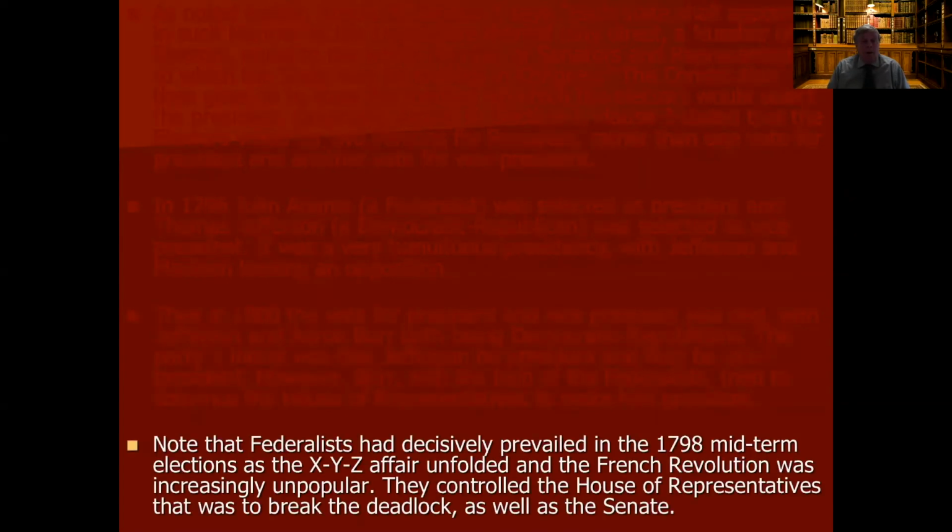Note that the Federalists had decisively won the midterm elections in 1798 as the XYZ affair unfolded and the French Revolution became increasingly unpopular. So Federalists controlled the House of Representatives that was to break the deadlock. They also controlled the Senate at this point.